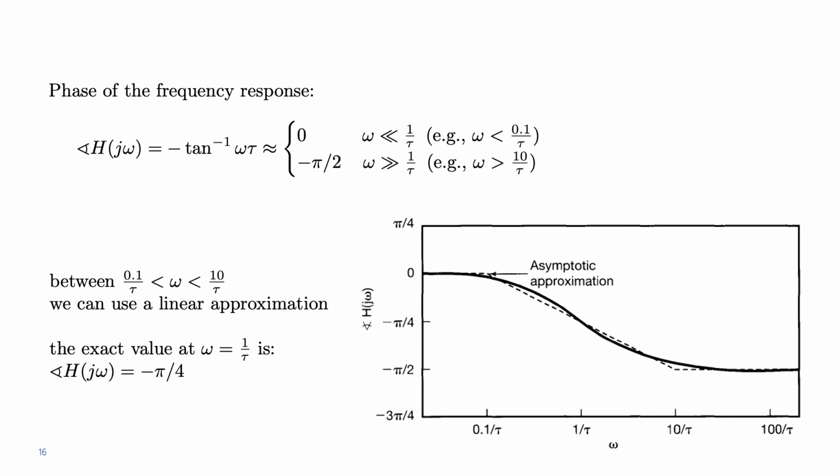The solid line on this figure represents the exact phase of the frequency response, and you see it's pretty close to the approximated one, and it's exact at the break frequency. At the break frequency, the value is minus pi over 4, both for the approximation and for the actual phase.